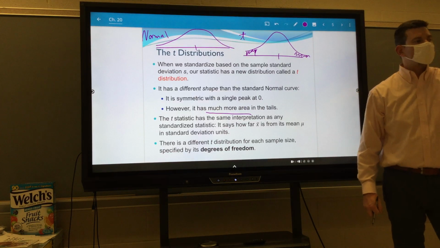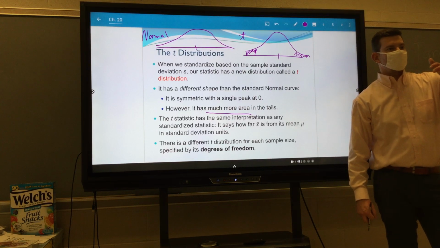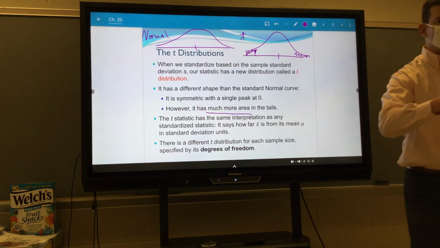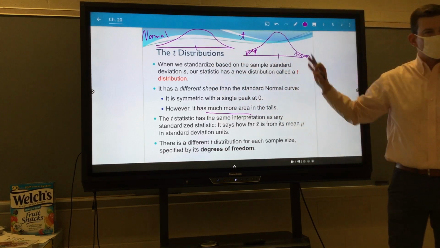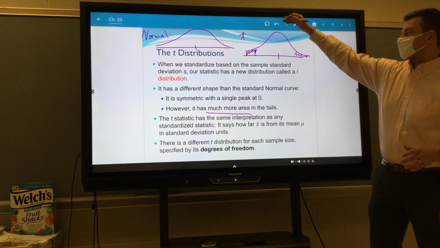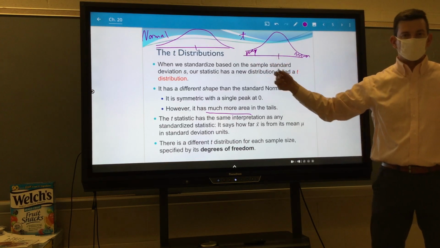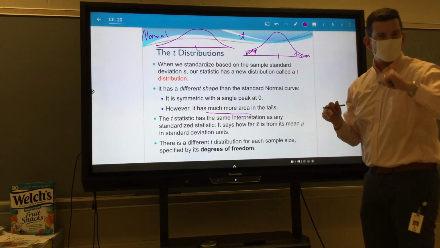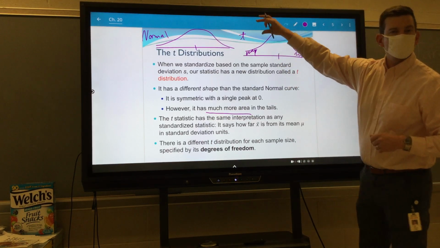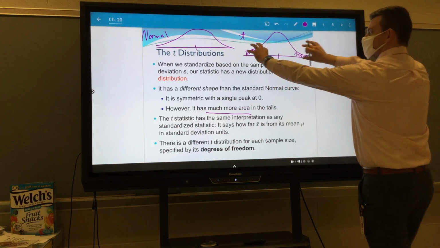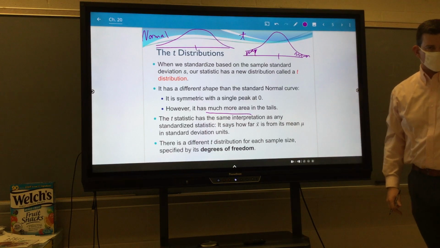Now think about frequency distributions as a whole. You have 100% of the data underneath the full curve. So if I'm saying that a t distribution is shorter, and I know you can't see it from my picture here, that area that you're shaving off the top has to go somewhere, and it gets spread out into the tails.